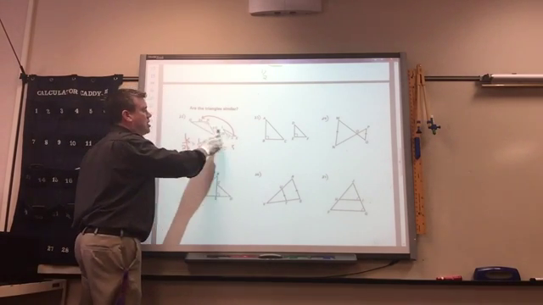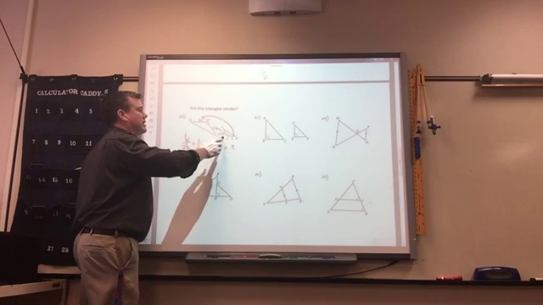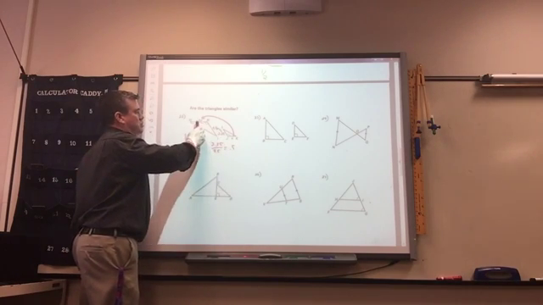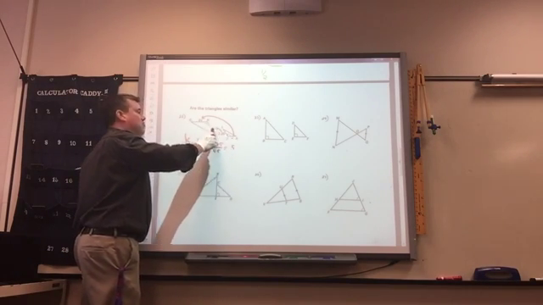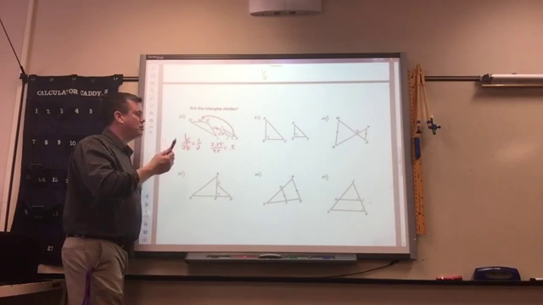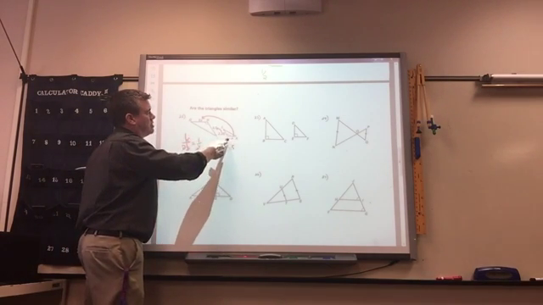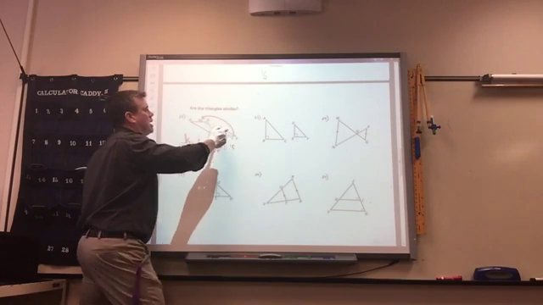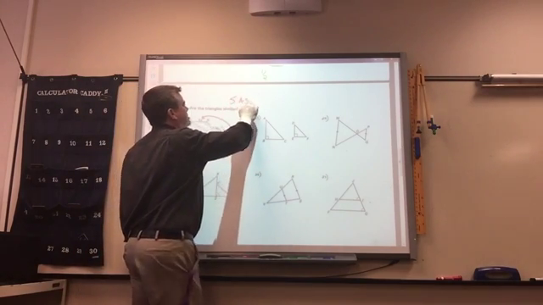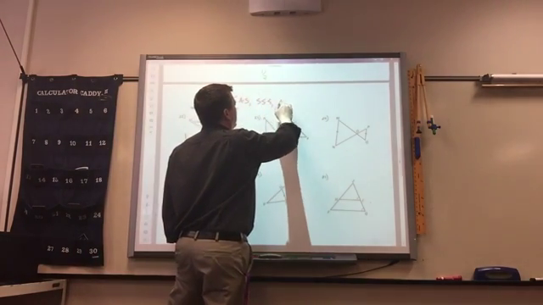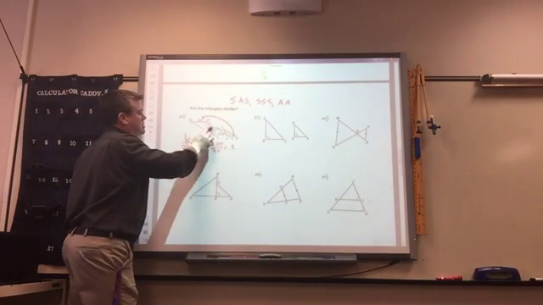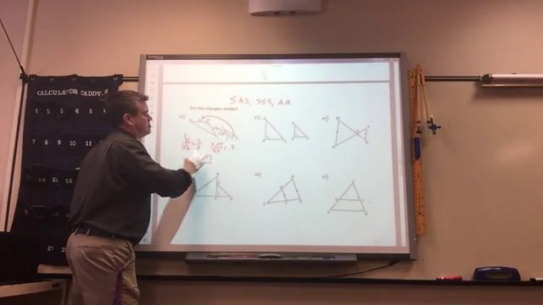So these two sides are proportional. You could have done it the other way, it would have been easier: 2x divided by x is 2, 4.5 divided by 2.25 is 2. And then the angle in between them is, I didn't ask for the reason, but it's either got to be SAS, SSS, or AA. So since it's SAS, this one is a yes.